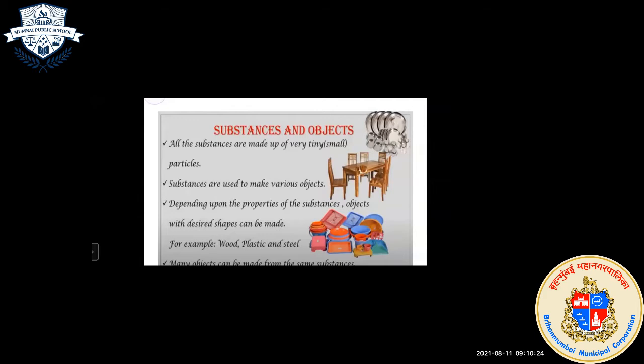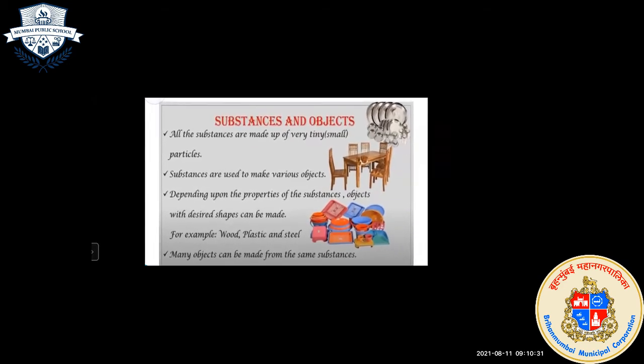Substance remains the same, but objects are different. And here plastic is a substance, and the objects made are plastic tools, buckets, bowls, plates, and many more. So substance means the material and object means the things made from that material.